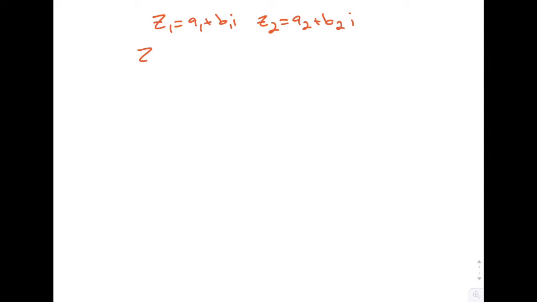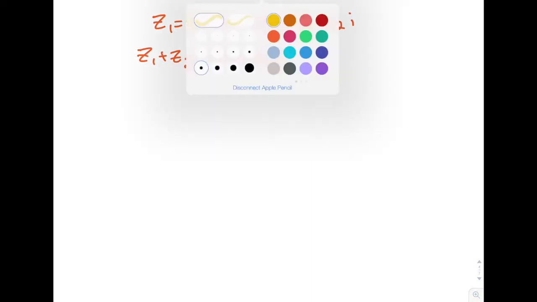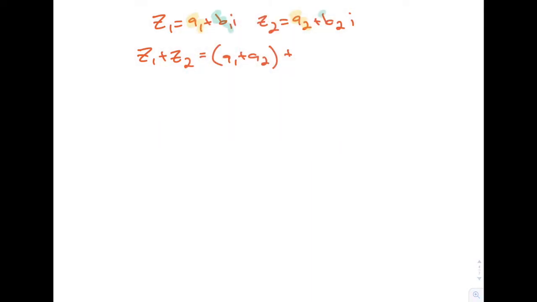Yeah, that's right. So z1 plus z2: we add the real parts, a1 and a2, and then the imaginary parts, b1 and b2, so we have (b1 plus b2)i. We can't forget the i at the end, because that tells us that those are the imaginary parts.